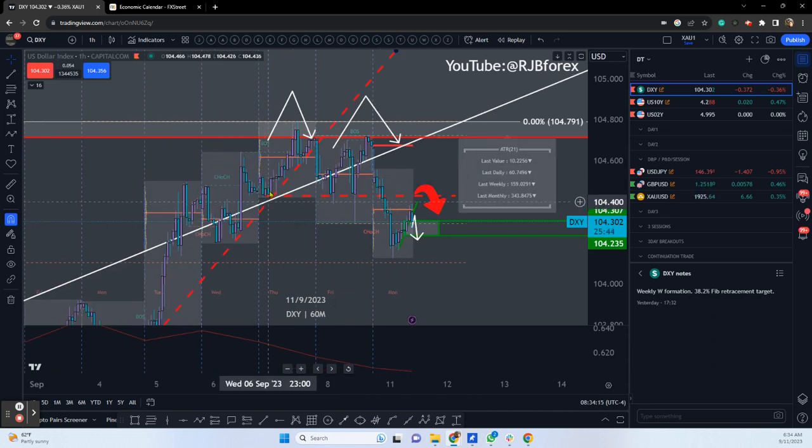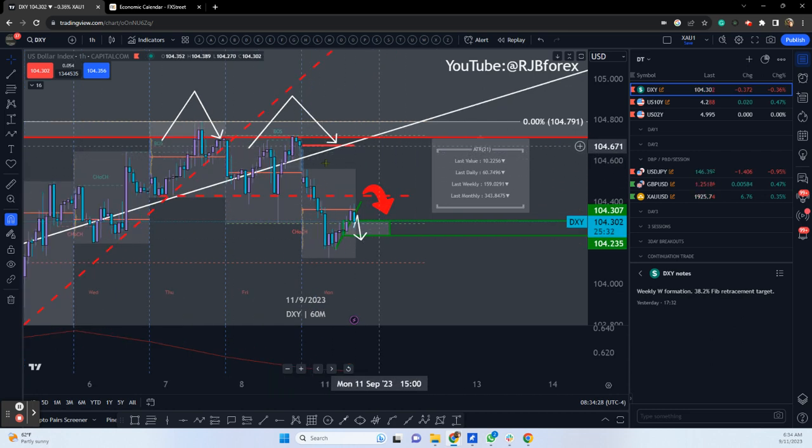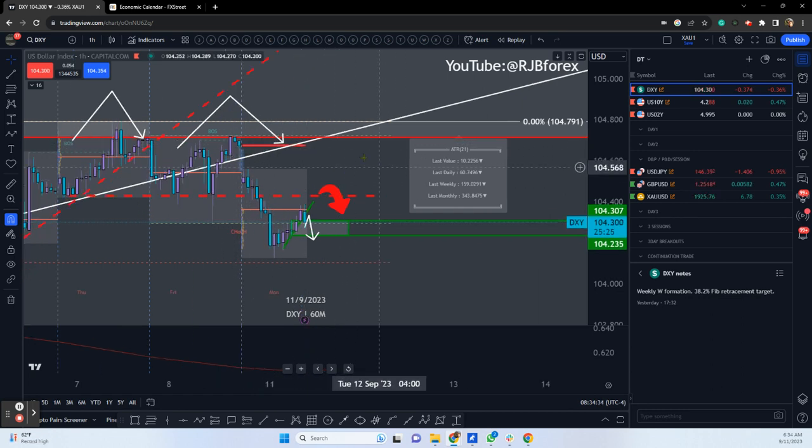It's not to say that just because we've got resistance here that it's going to act as resistance. We may see it move back up into an equilibrium, maybe even up to close the gap. Right, we've got the closing price all the way at 104.70 ish.